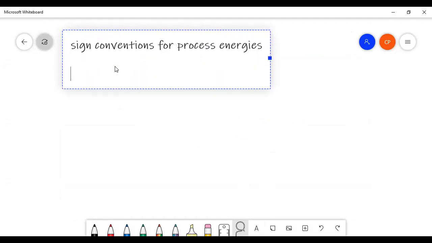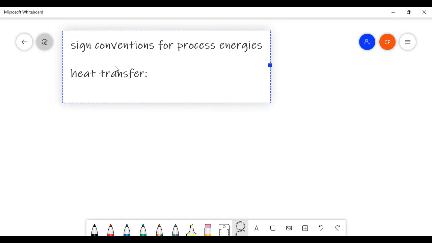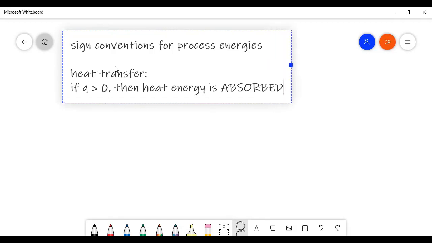Let's do a quick reminder of the sign conventions for the process energies or path energies that we've already discussed in the course. Remember that for heat transfer, if Q is greater than 0, that means that heat energy is absorbed, because that's what's necessary for some stuff to increase in temperature.